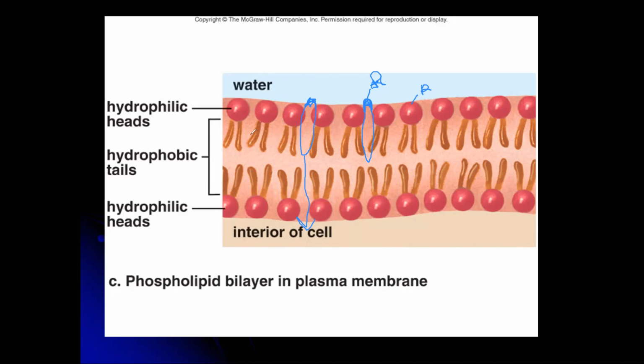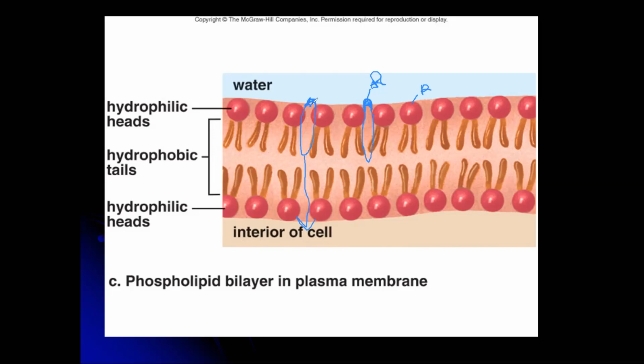But some things that are charged particles can get tangled up here in these tails. The fatty acid chains will grab onto them, hold onto them, chemically. And so those things have to be transported through some type of protein, either a carrier protein or a channel protein, some type of protein.